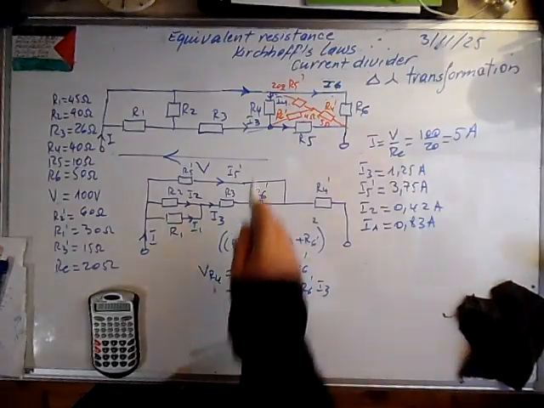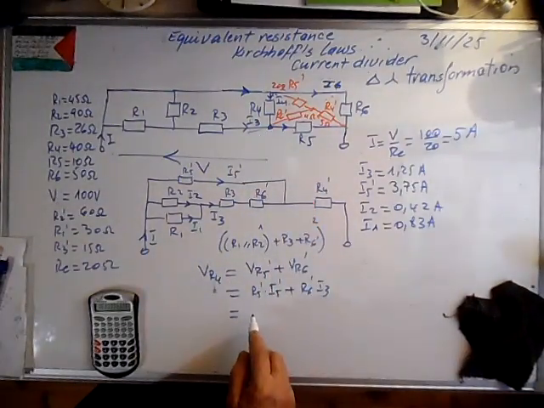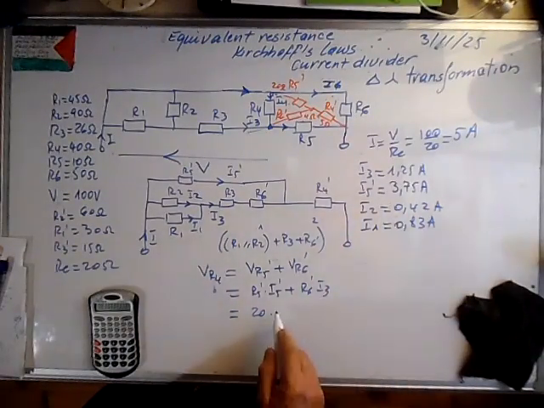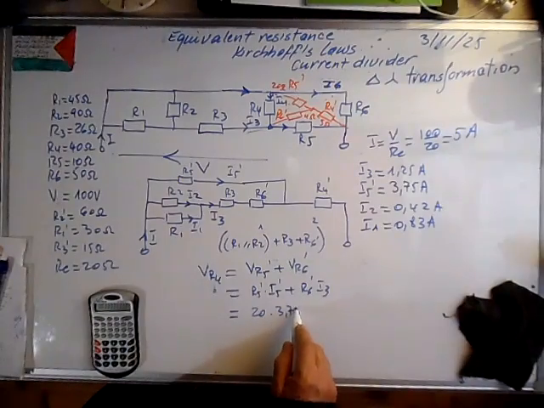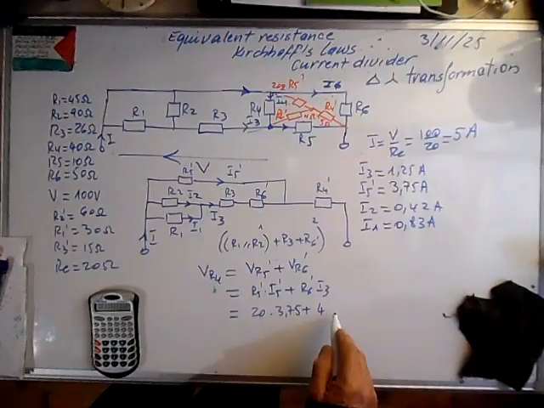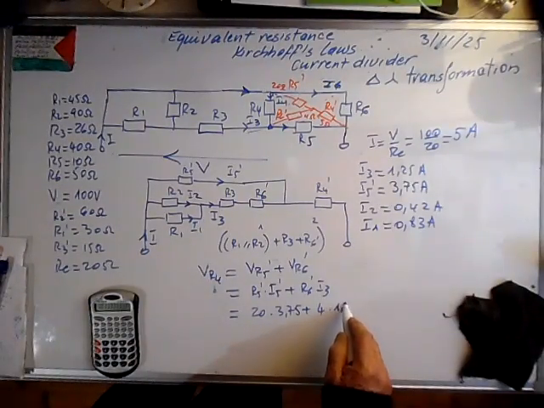So the drop here is R5 prime, which we calculated as 20, times 3.75, plus R6 prime, 4, times I3, 1.25.